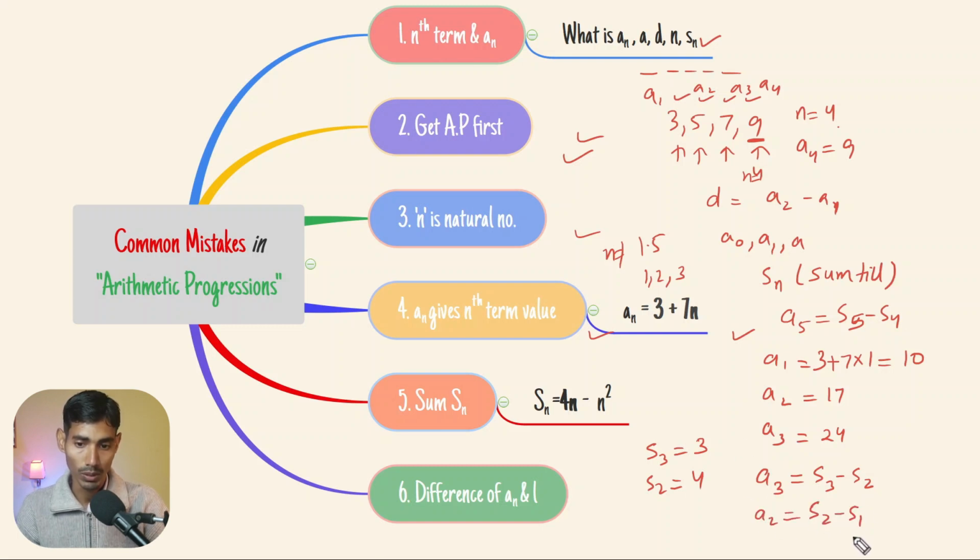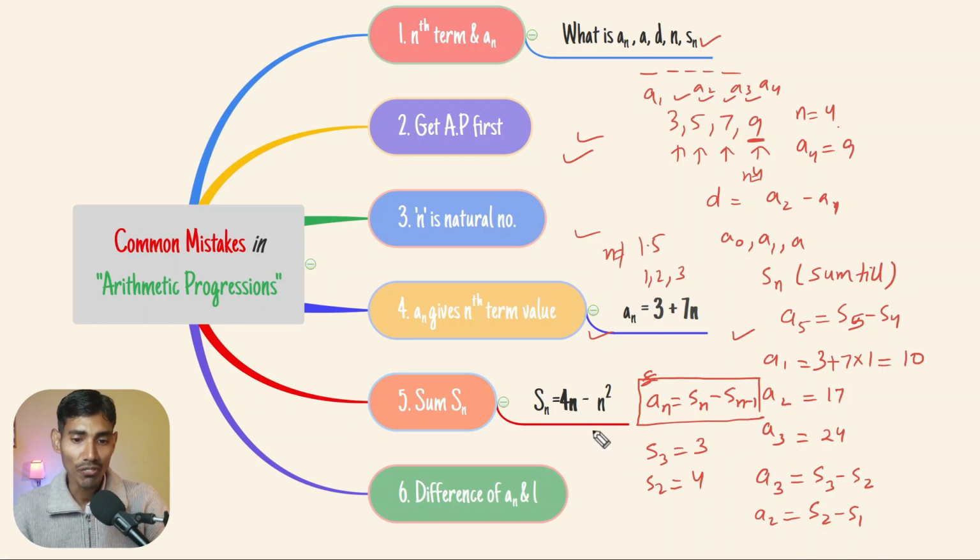S2 minus S1. This is a very important formula: An is equal to Sn minus the sum till the previous term, Sn minus Sn minus 1. This is an important identity, please remember.